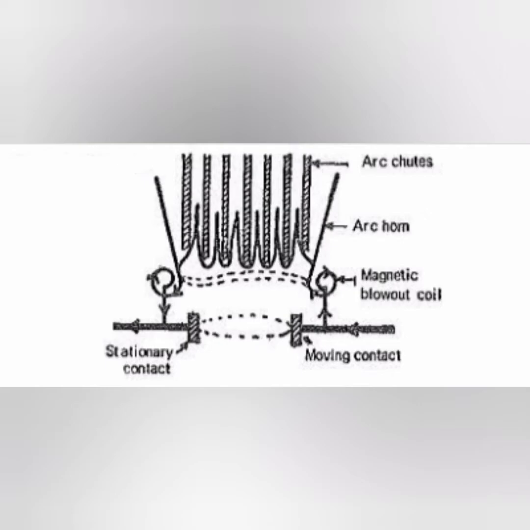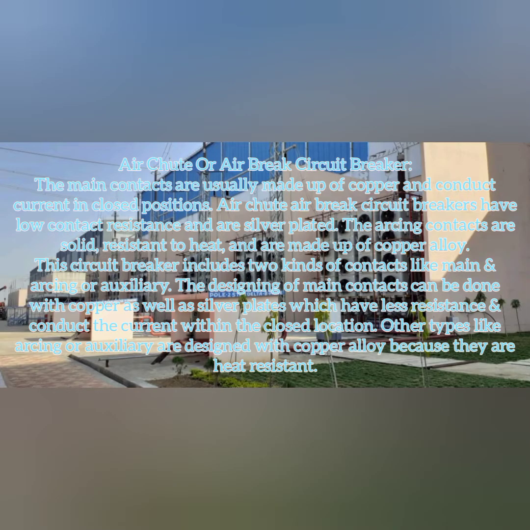Whenever the current flows, the magnetic blowout coils will have the same polarity as the flow of current. In this way, the magnetic field gets induced, and by that the arc extension will happen.